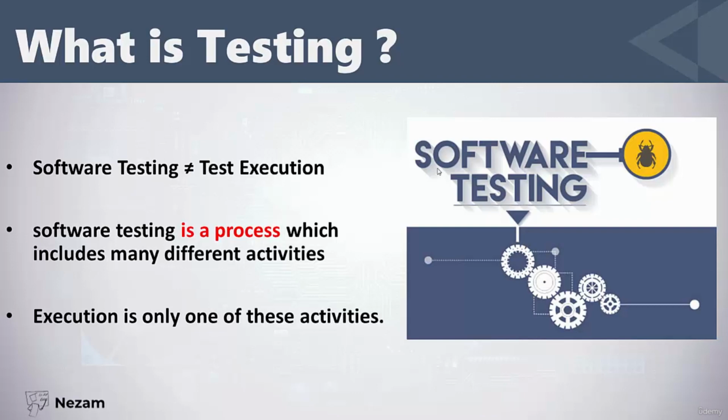Or you go to an Android application, open the application, search for defects in it, and this is everything in testing. No, test execution is only one activity inside a process. So software testing is really a process which includes many activities. Execution is only one of these activities. In the next video, we will talk about the test process in more detail.